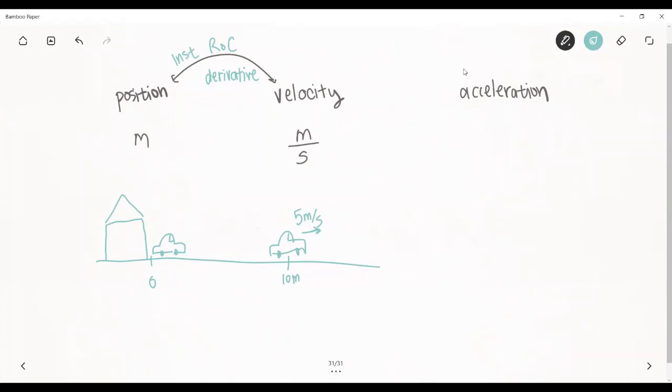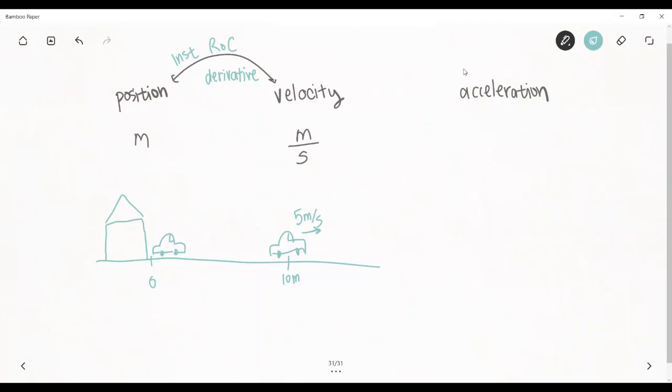And you hit the gas, right, to speed up. You're going to accelerate. And will you still be moving at 5 meters per second, or is that going to change? If you're trying to speed up by pressing the gas, your velocity should be changing, right? In this case, it should increase.